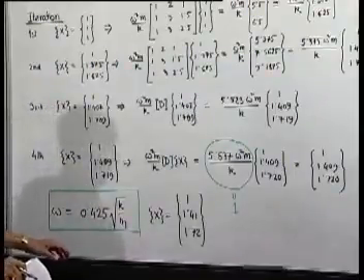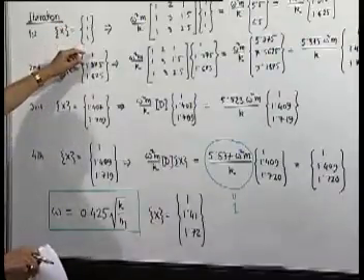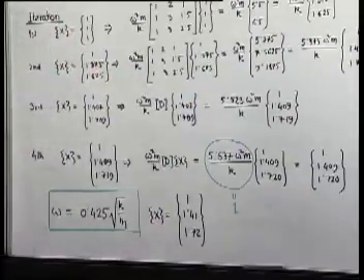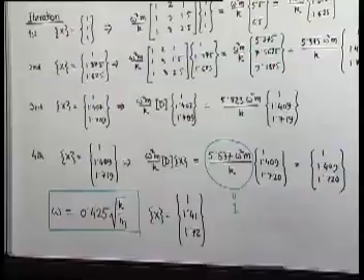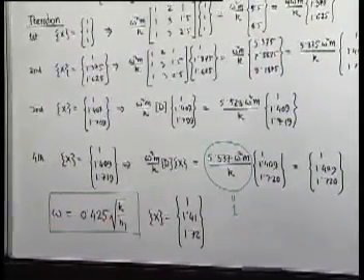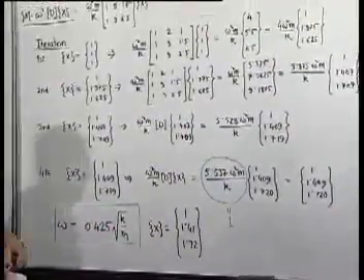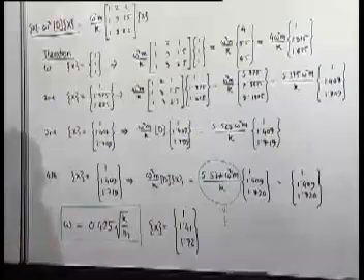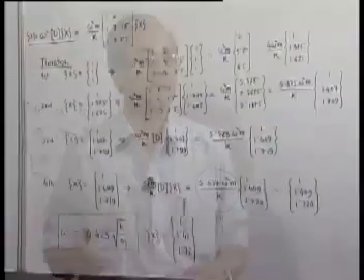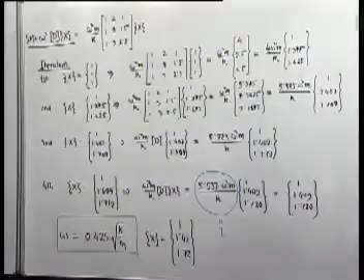Now, whatever may be the starting point, 111, we can take 101, we can take 321, we can take 7.5, minus 3, whatever may be the starting point, you will find that we will always converge to this mode and this frequency. It may look like a miracle, but I will show you the reason why it is happening. But the question is, which mode is this?